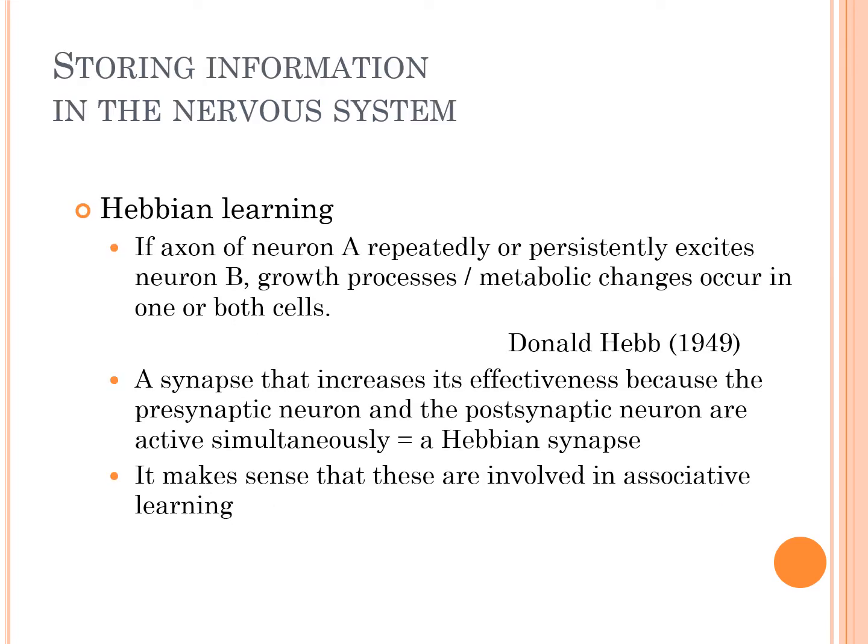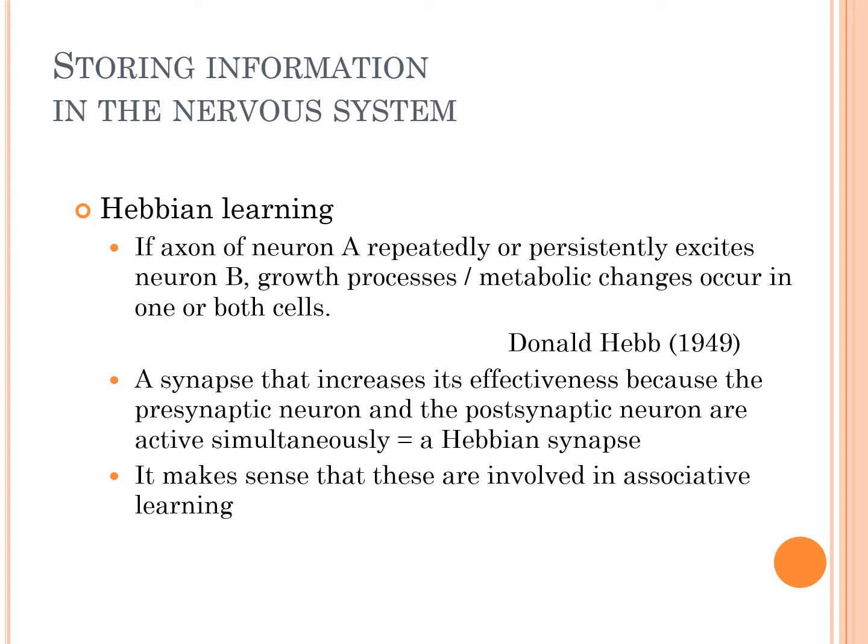Okay, so the nervous system has to be adaptive. It needs to be able to change if we are to learn new information. And so when we look at the storing of information in the nervous system, it's often discussed as Hebbian learning. Donald Hebb in 1949 was quoted as saying, "If axon of neuron A repeatedly or persistently excites neuron B, growth processes, metabolic changes, occur in one or both cells."